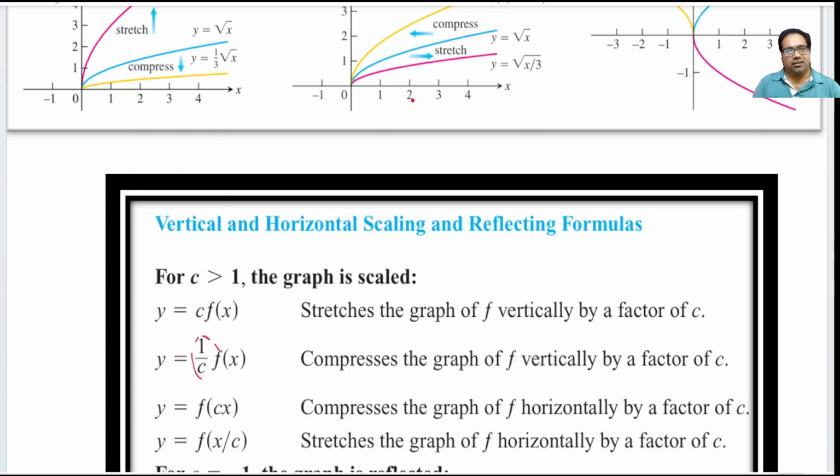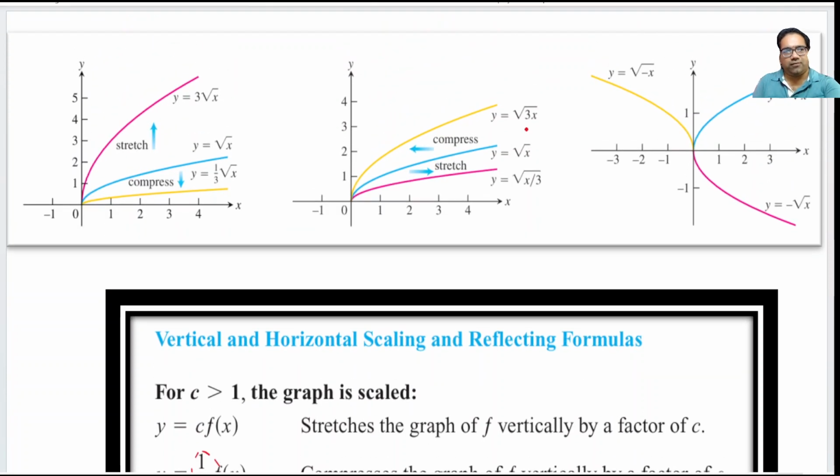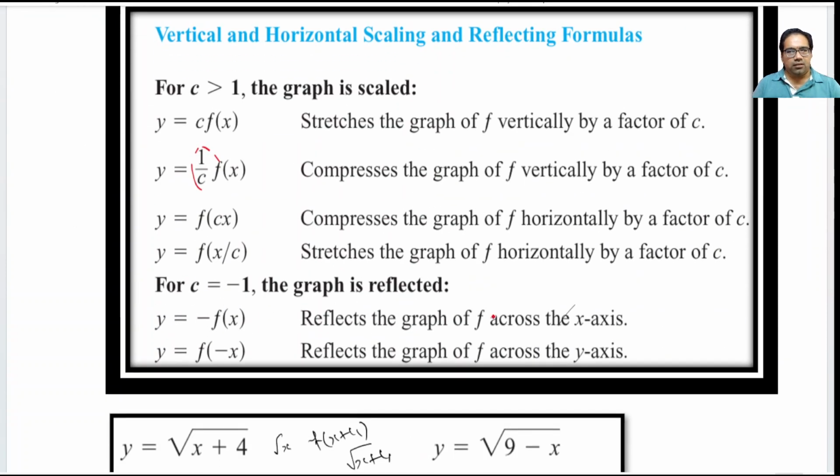Similarly, if f of x is replaced by f of cx, and c is greater than 1, then it is compression horizontally, and if c is lesser than 1, then it is stretching horizontally. And for y equal to root x or any function, minus of f of x is a reflection around the x-axis, and f of minus x is a reflection around the y-axis.